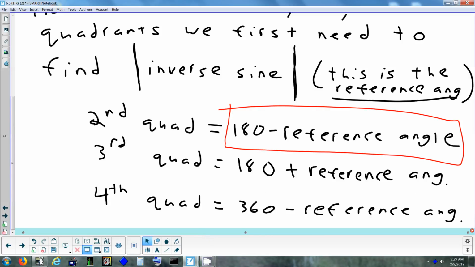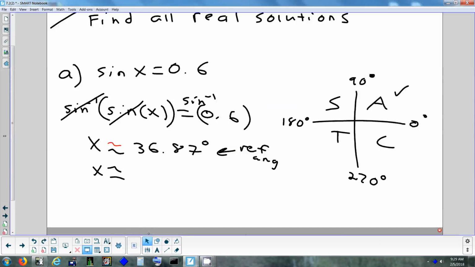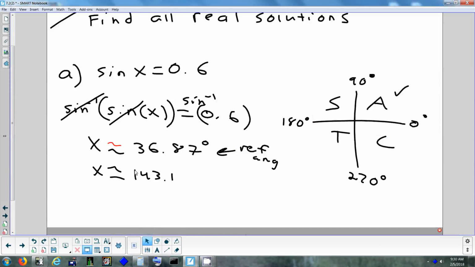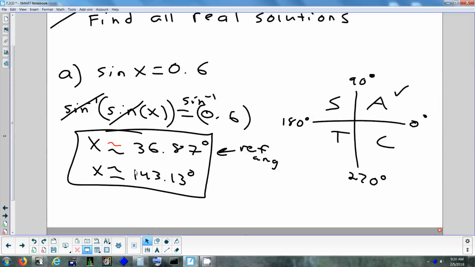For quadrant 2, it's 180 minus my reference angle. So I've got 36.87. Just subtract that from 180, and you get 143.13. Those are the two answers.